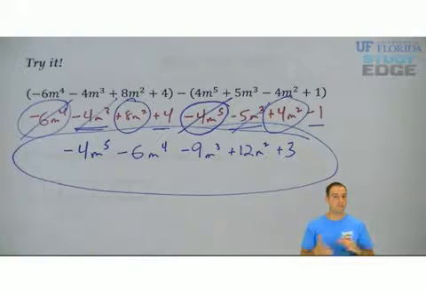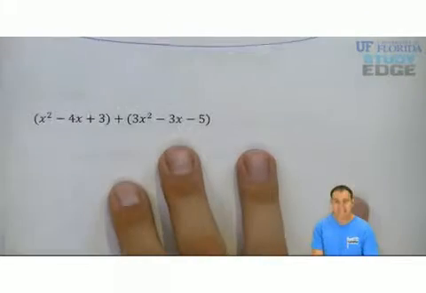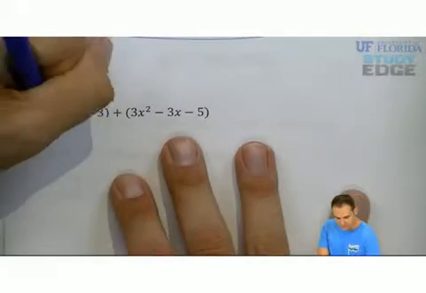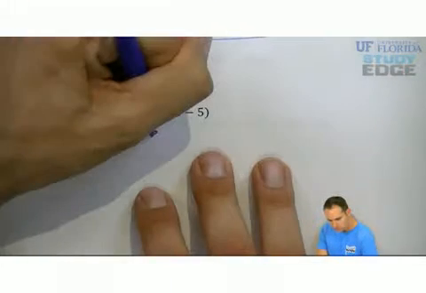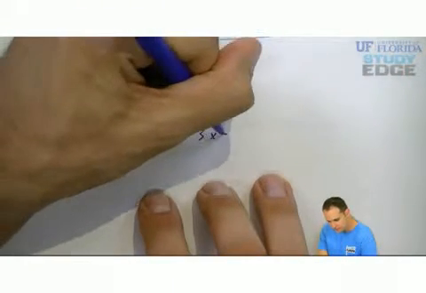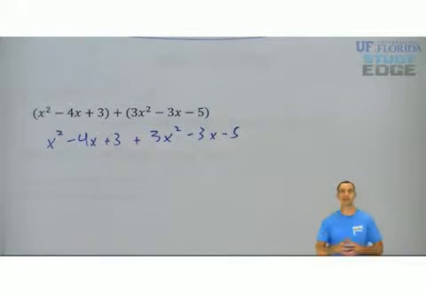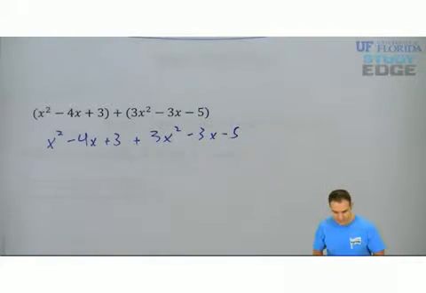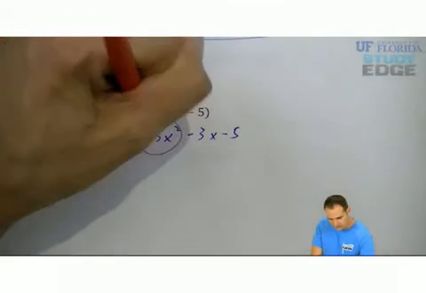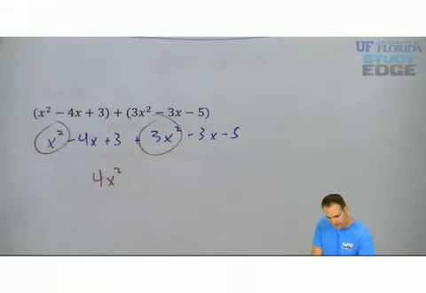But again, to go back to the beginning, adding, of course, is the best, because with adding, you can just go ahead and remove all the parentheses, because you're adding a polynomial to another polynomial. So notice, I just went ahead and rewrote this without the parentheses, because I'm adding two polynomials together. And from here, combine like terms. X squared plus 3x squared will give you 4x squared.